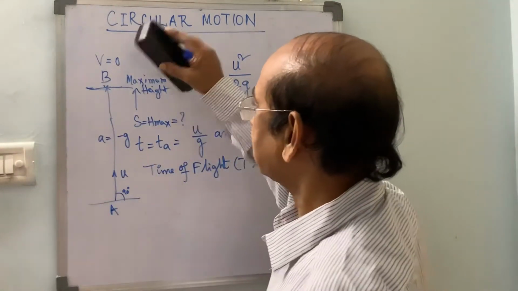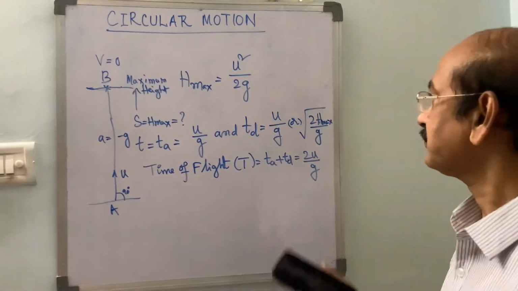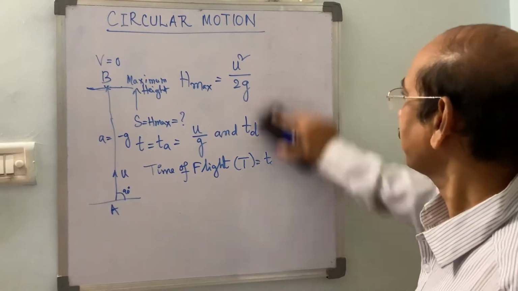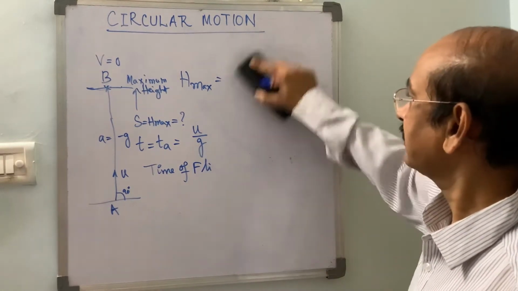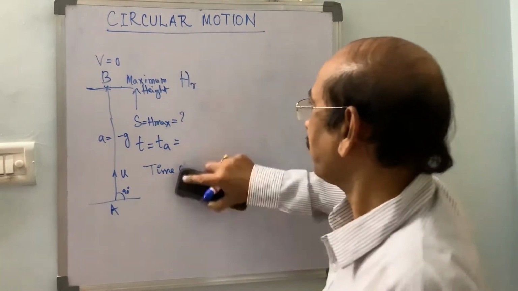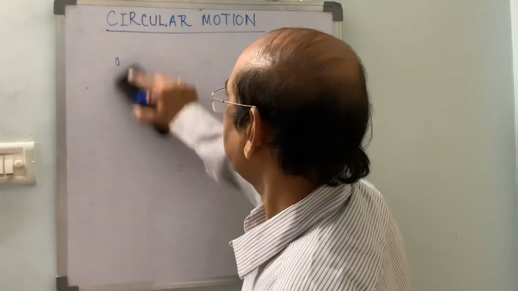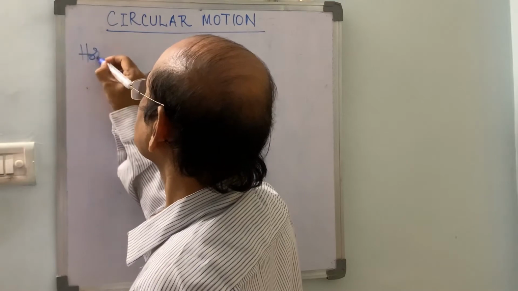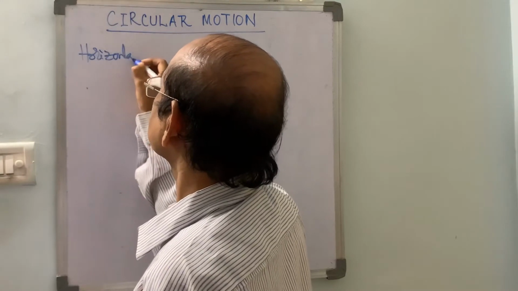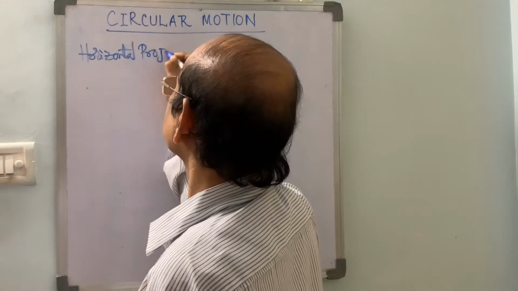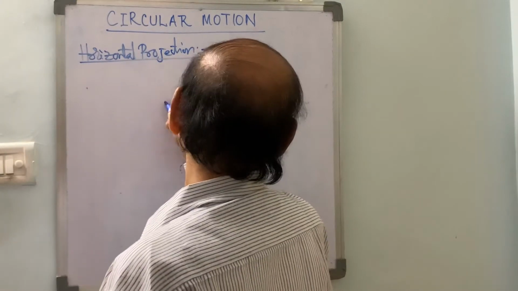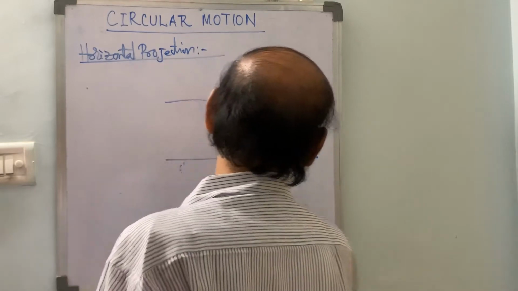And when the body is projected into air parallel to the horizontal direction, then theta is equal to 0. So in horizontal projection, a body travels like this.